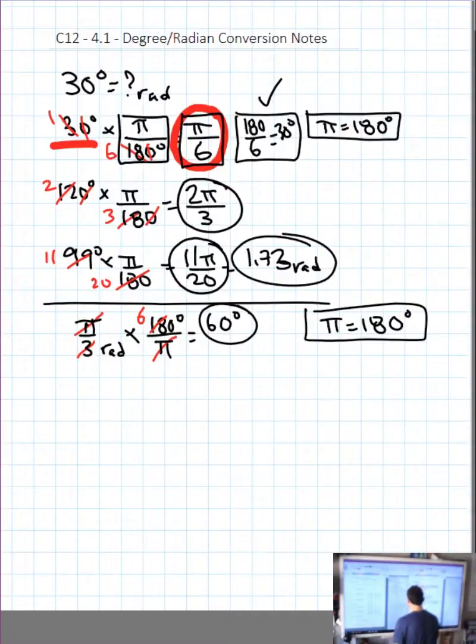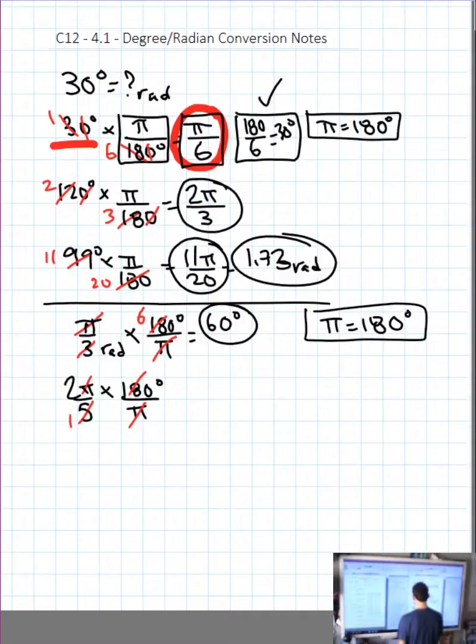What if I have something like 2 pi over 5? I'm not even going to say rad this time. If you don't see degree, you know it's a radian. Multiply that by 180 degrees over pi. Cross off the pi's from the top and the bottom. And divide the top and bottom by 5.